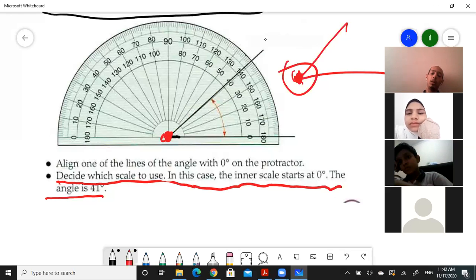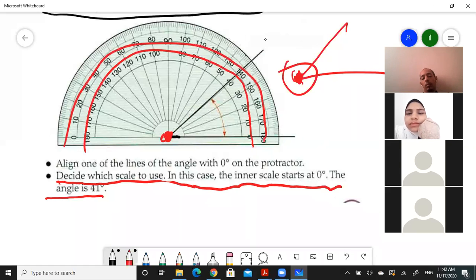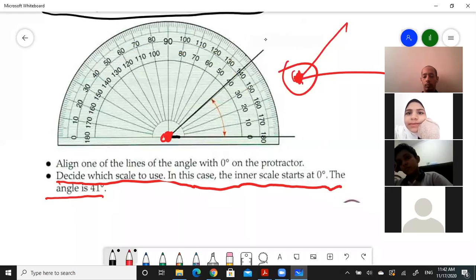So in this case, are you going to use this scale or this scale, the inner or the outer scale? The inner. Why? Because the 0 here is with the inner. If you align the line to this 0, you are going to use this scale.